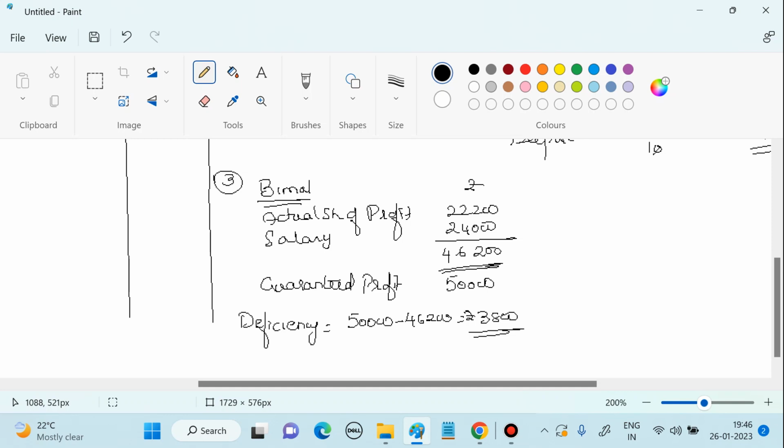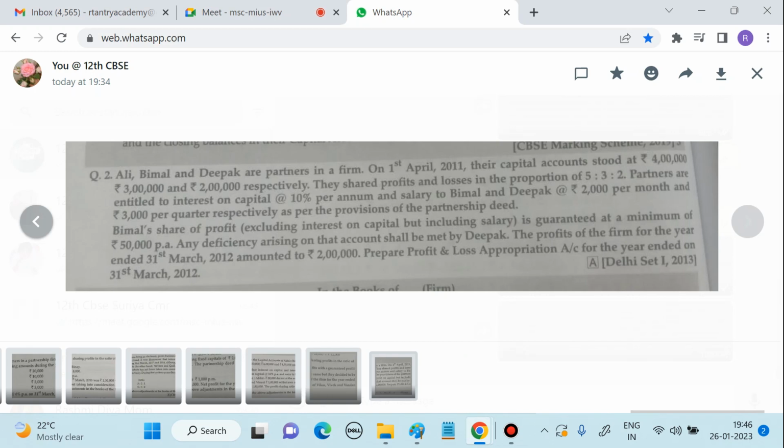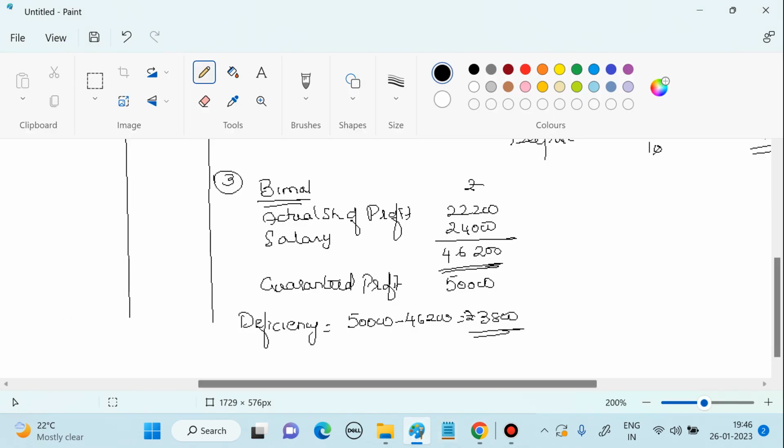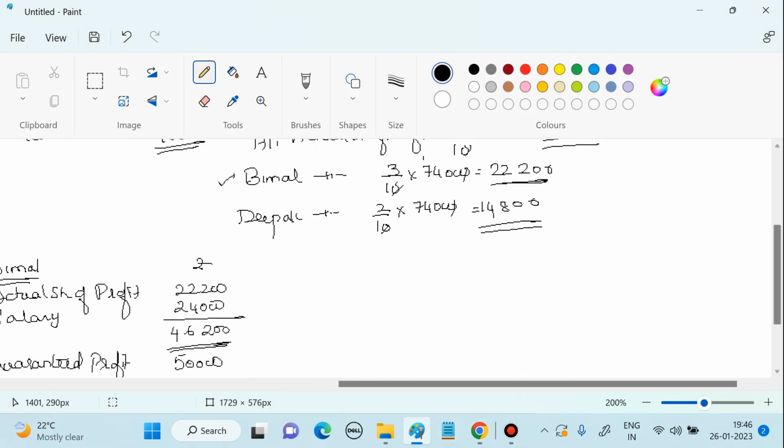Is it clear? Yes. Now this deficiency, what did they say? They said any deficiency arising on that account should be met by Deepak. So Deepak was entitled to 14,800. From that he would give up that 3,800 which we would add to Bimal.